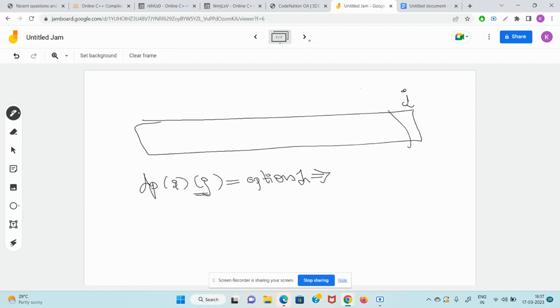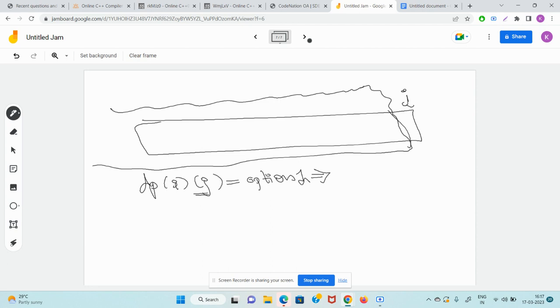Option 1 is take this one element and add the best answer of the rest of the part. So this one element is A of i or B of i. So option 1 is A of i plus dp of, obviously the index before i will be i minus 1, right?